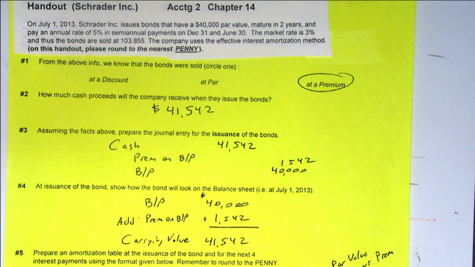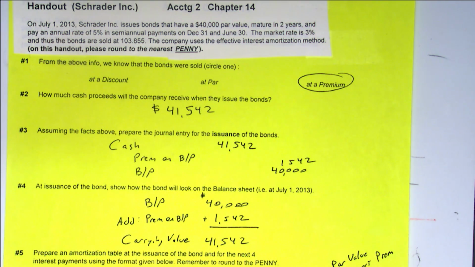And I wanted to be able to show on the amortization table that sure enough that unamortized premium does go down to 0 and that the carrying value does go down to par. Okay? So there are the first 4 answers.